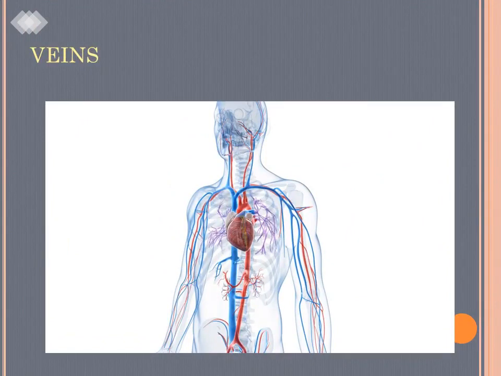Veins are elastic blood vessels that transport blood from various regions of the body to the heart. The systemic veins return oxygen-depleted blood from the rest of the body to the right atrium of the heart.